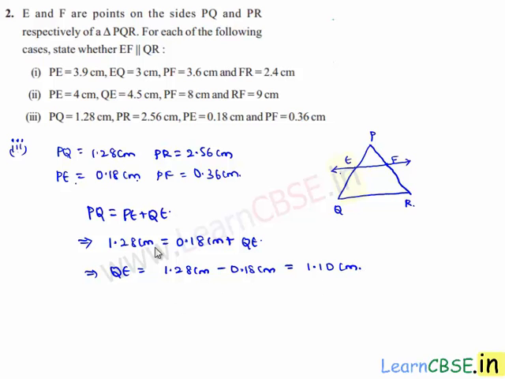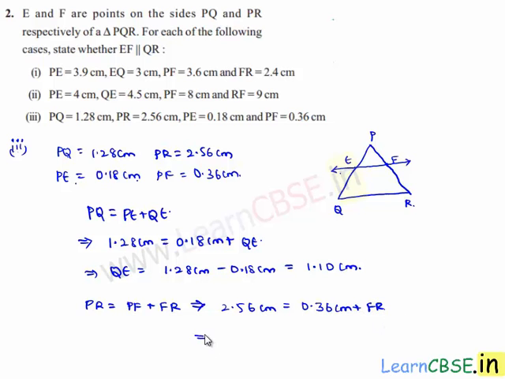And similarly, let us find FR by using the relation that PR is equal to PF plus FR. That implies PR is 2.56 centimeters, which is equal to PF is 0.36 centimeters plus FR.